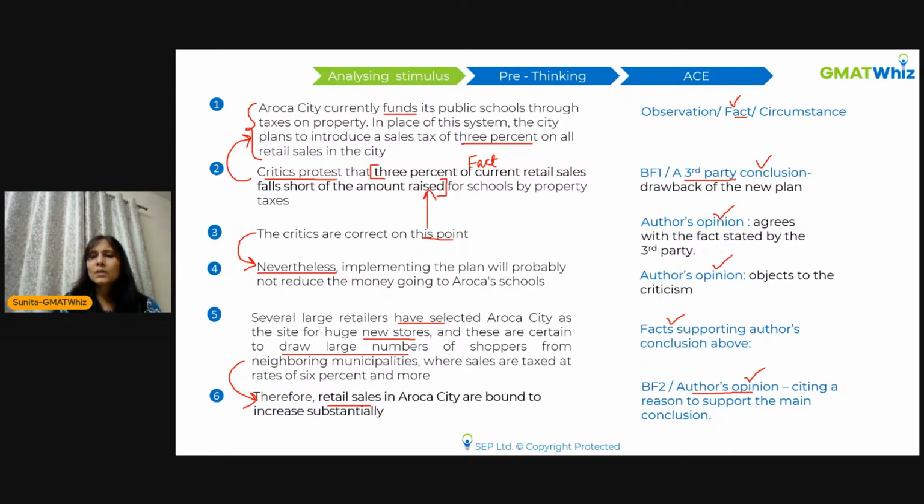So this is one, this is another, and this is here. So statements 3, 4, and 6. Can any of you tell me which of these three statements is the main conclusion? Because without deciding the main conclusion, we cannot decide the roles of the other sentences or the boldfaces.